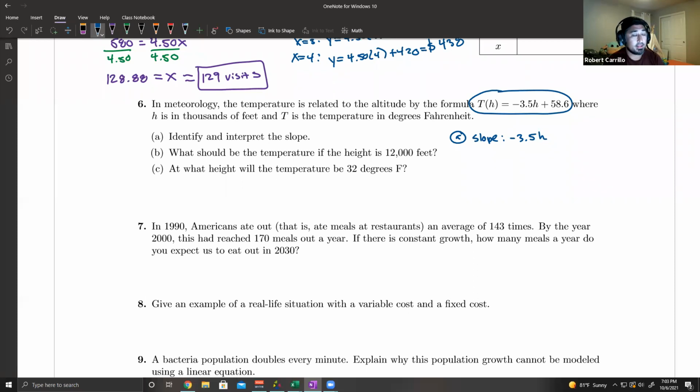So it says temperature is related to the altitude, and H is in thousands of feet, and T is the temperature in degrees. So as you climb higher and higher, what's going to happen to your temperature?